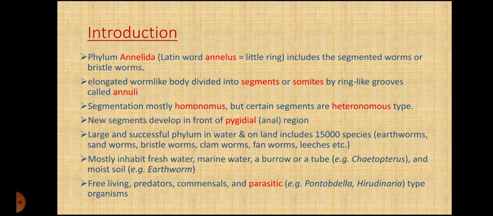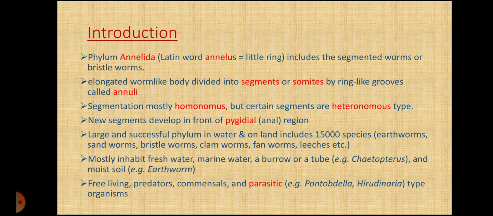About 15,000 living species of aquatic and terrestrial annelids have been identified till now. In annelids, new segments are formed just in front of the pygidial or anal region, in comparison to strobilation in tapeworms, which occurs in the neck region just behind the scolex.